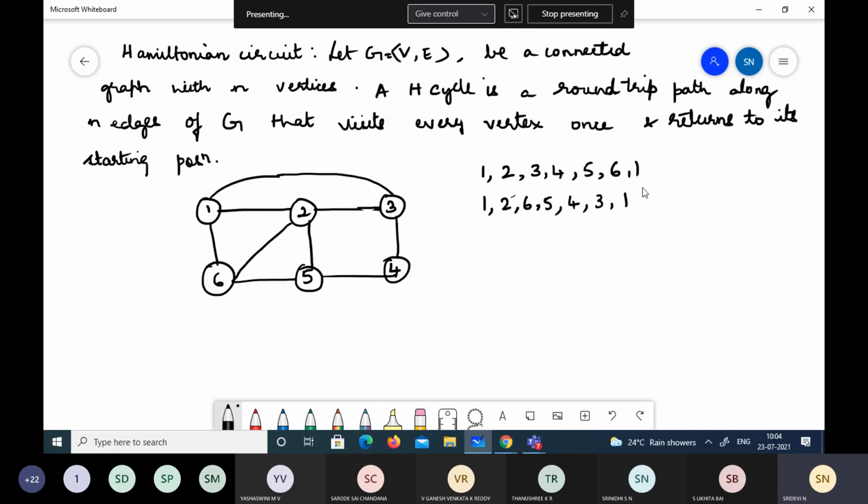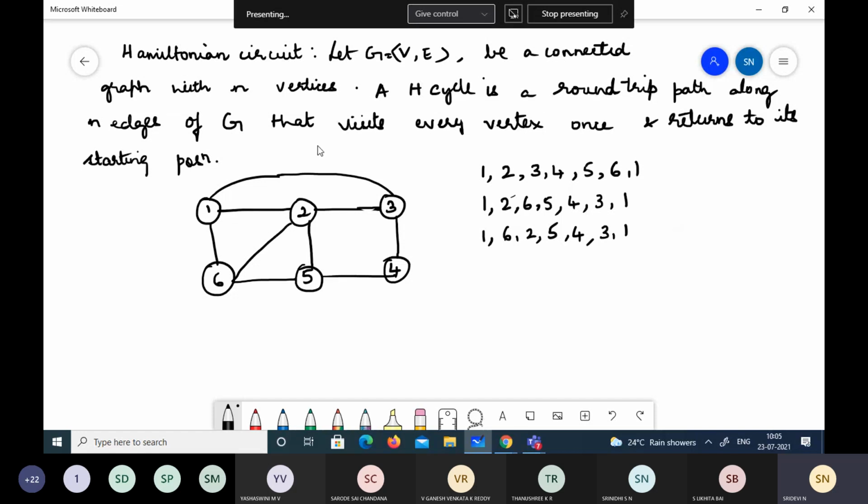So this could be one cycle. One more, 1, 6, 2, then 5, 4, 3, and back to 1, isn't it? So these are three distinct Hamiltonian cycles.